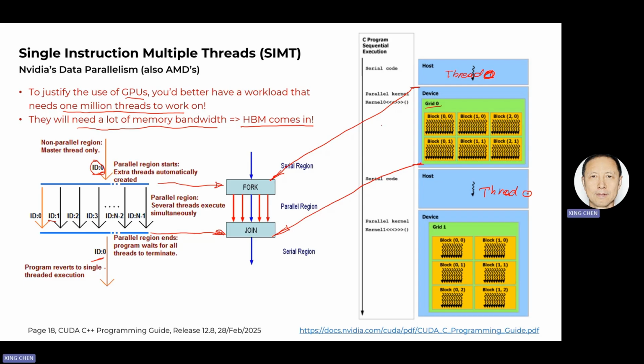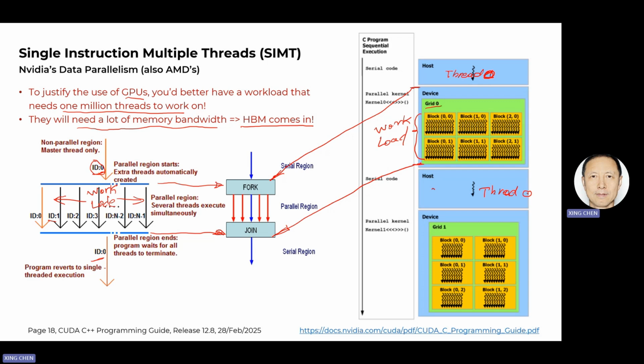The reason we have lots of threads is that all these threads need to work on some kind of workload and share it between them. It's the same thing here for GPU. The workload will be shared by all these threads.